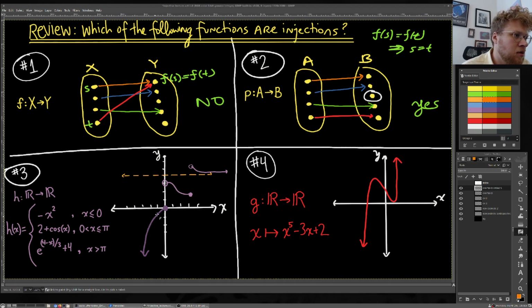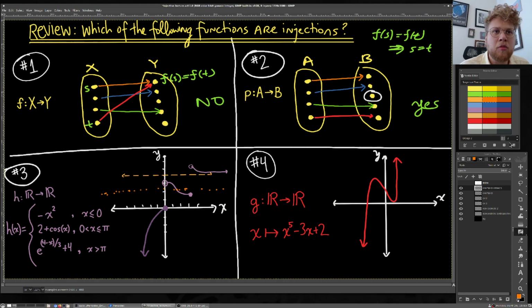So any two points we have here, it looks like there's never any time where we're going to have the same y value. Any time we look at any particular y value, there's no other input that gives us that same y value.